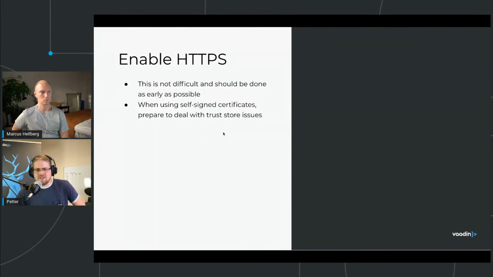If you're using self-signed certificates, you're probably going to have to deal with some trust store issues. For instance, in Chrome, the first time you try to access a page with a self-signed certificate, it won't allow you to proceed. So you have to type "this is unsafe" on the keyboard. And once that is done, it will let you through, and then you can do whatever you want.